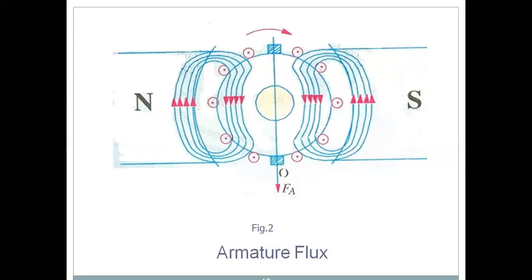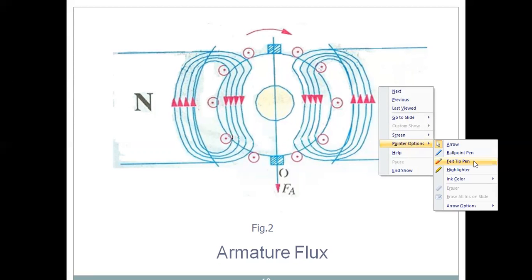When these are the dots, then the flow of flux direction is matching. When these are the cross, yes, please change. Yes, I will change it.